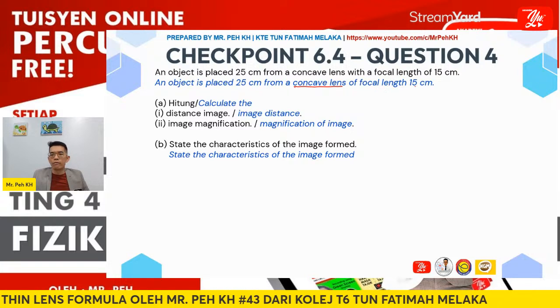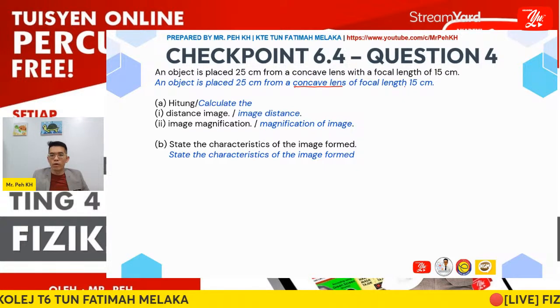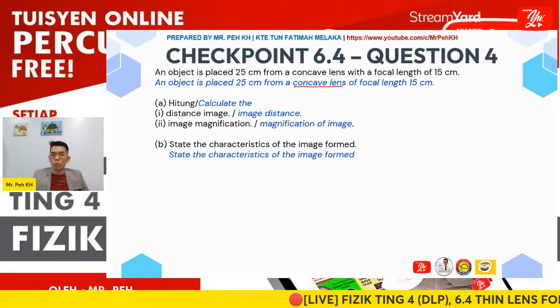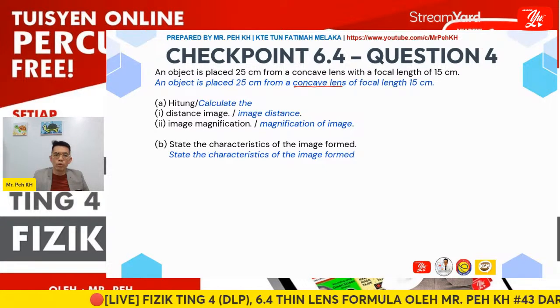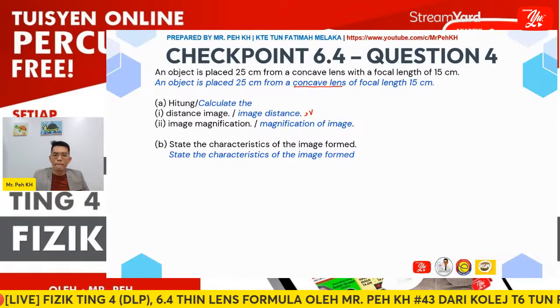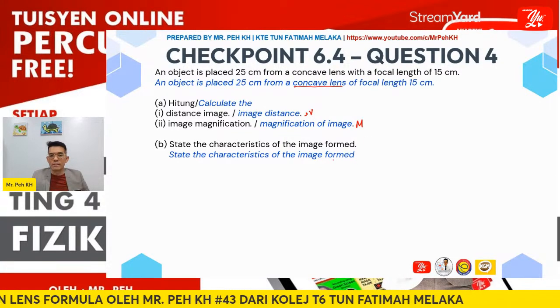The focal length is 15 cm. As I mentioned just now, when this is a concave lens, the focal length will be negative. Then the object distance is always positive. The question asks you to calculate the image distance, which is V, then the magnification, and then state the characteristic of the image.